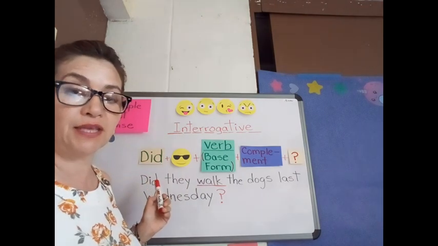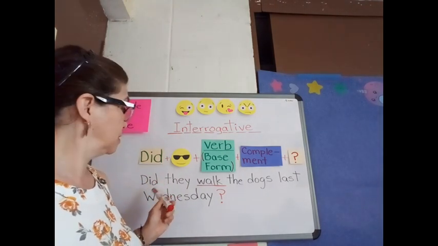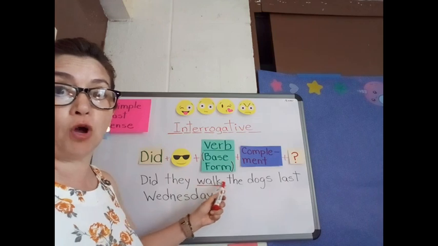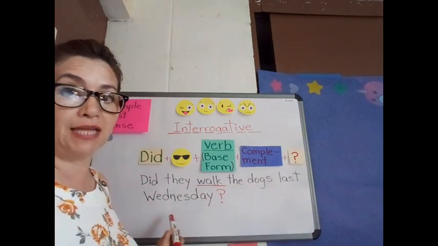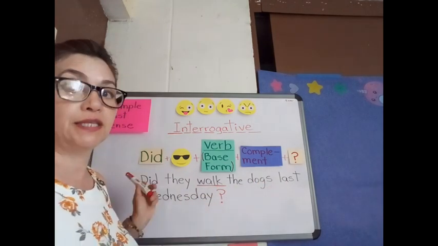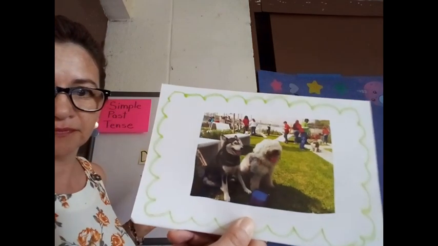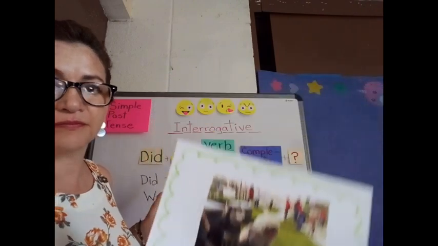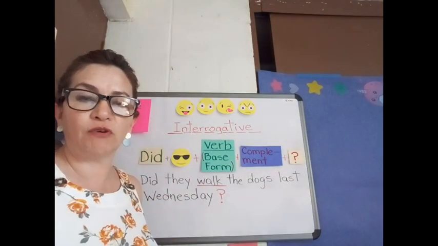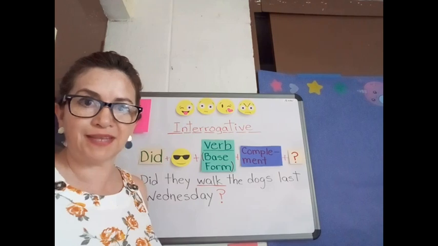Let's read this question. Did they walk the dogs last Wednesday? That is how we form a question in simple past tense.